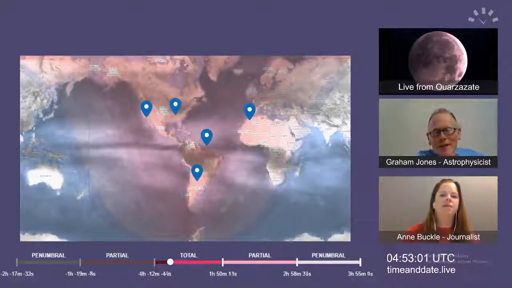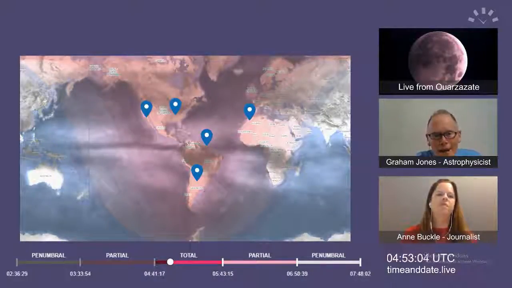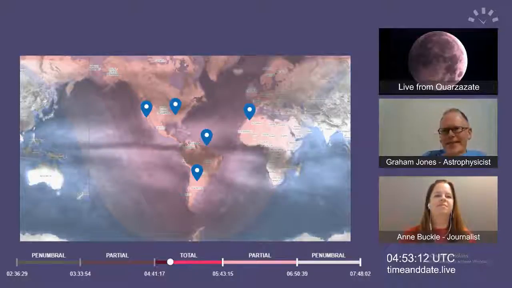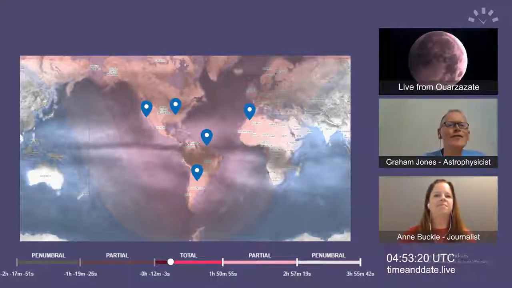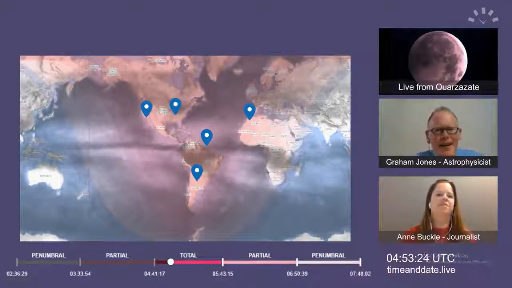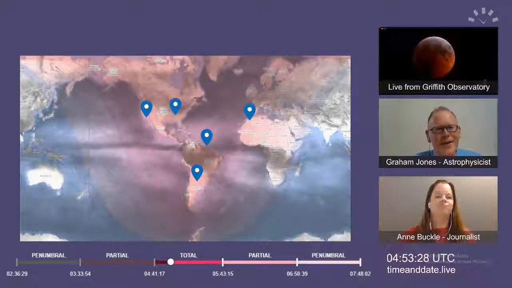So on the screen now we have our 5 locations. Firstly, on the right hand side, that is Ouarzazate. That is the picture we are seeing in the top right corner of our screen at the moment. Over on the left side of our screen, we have Los Angeles in California.